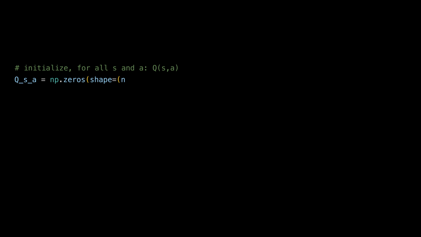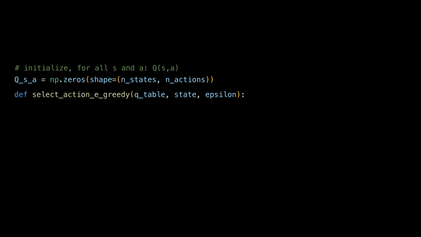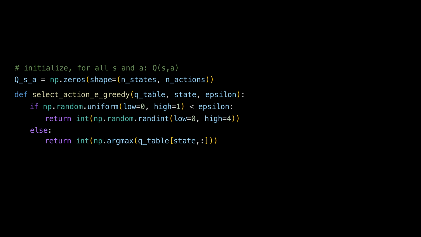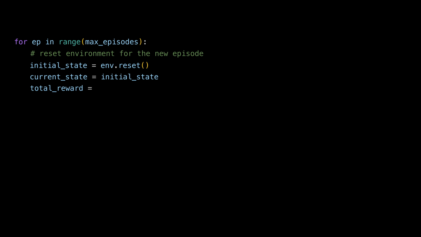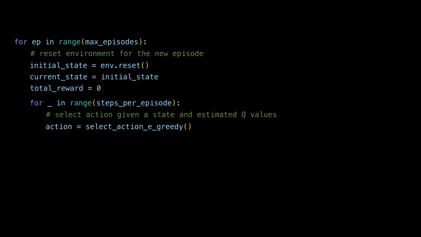The implementation of this idea for the simple tabular algorithms requires us to initialize the action value function and then run many episodes of experience to update our estimate of Q. At the beginning of each episode, the environment is reset and returns an initial state. Then, at each step, the agent chooses an action according to its current policy.